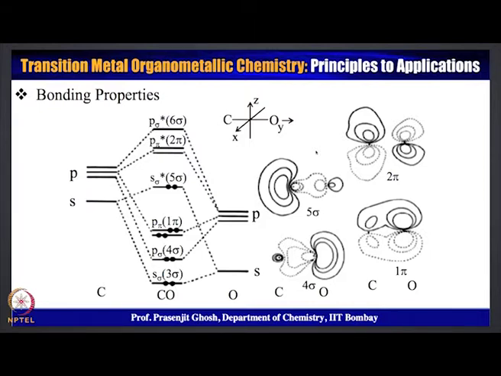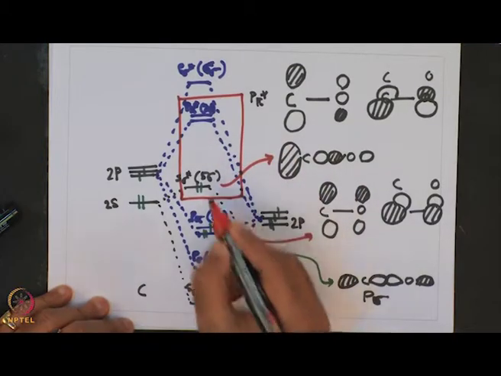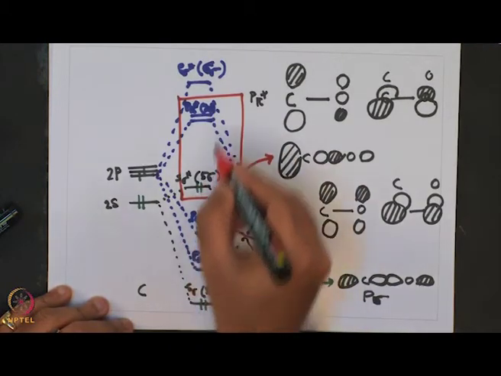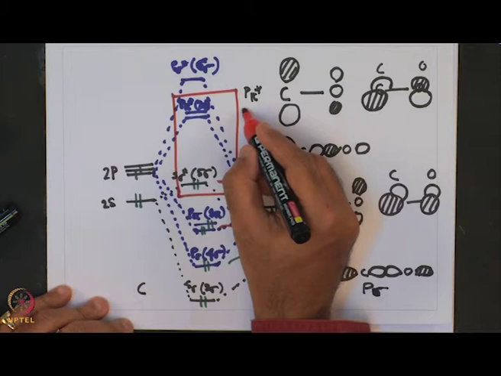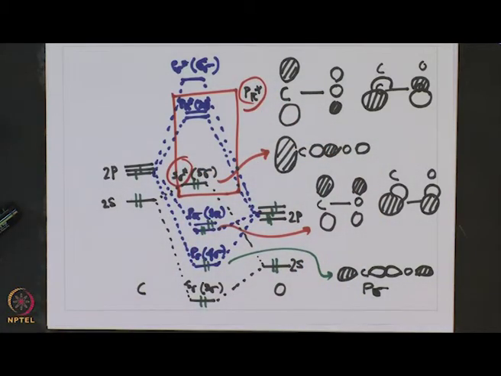So, the thing that we should focus on now is these 4 orbitals. This is the HOMO and these are the LUMOs, where these are pi star orbitals and the HOMO is the sigma orbital, which interact with the metal when it comes to the metal carbonyl interaction.